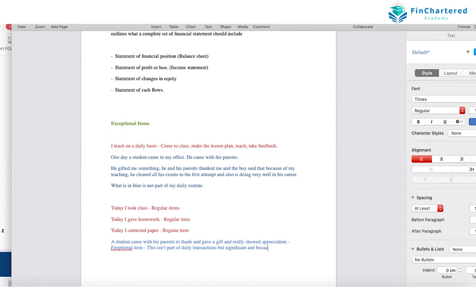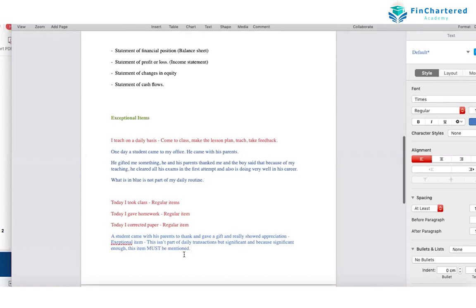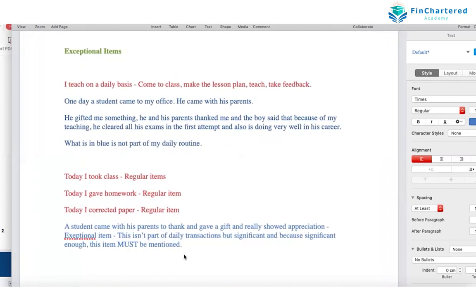And because it's significant enough, this item must be mentioned, like how I'm mentioning this to you. So an exceptional item is an item in the financial statement that isn't part of the day-to-day transaction.